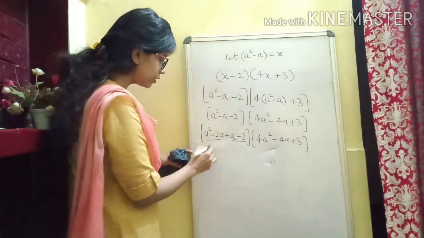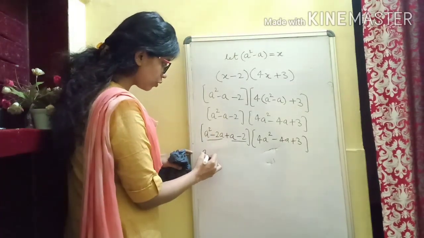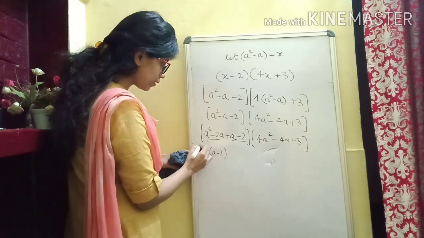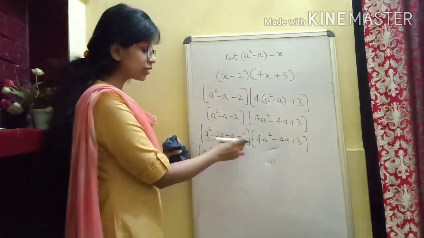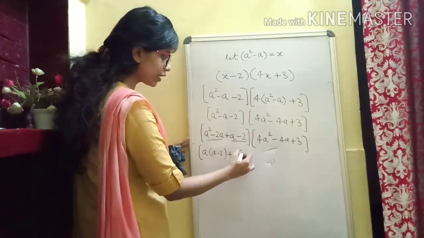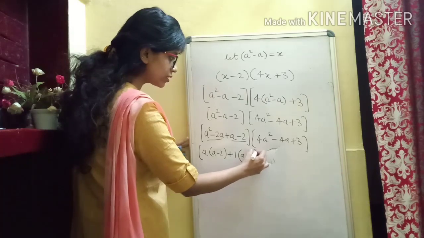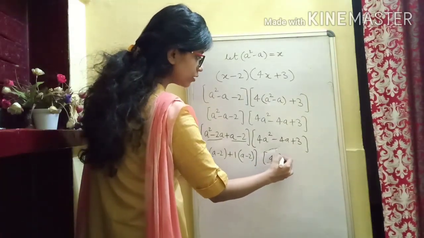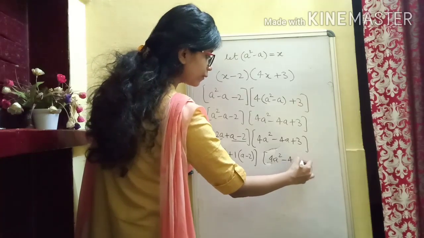From these 2 terms, a is common, and then we have a minus 2. And from these 2 terms we have nothing common, so we will take 1 common, and then we are left with a minus 2 as it is.